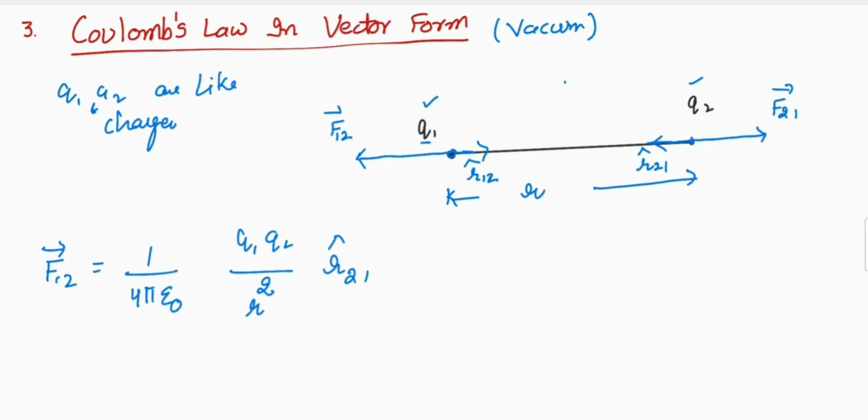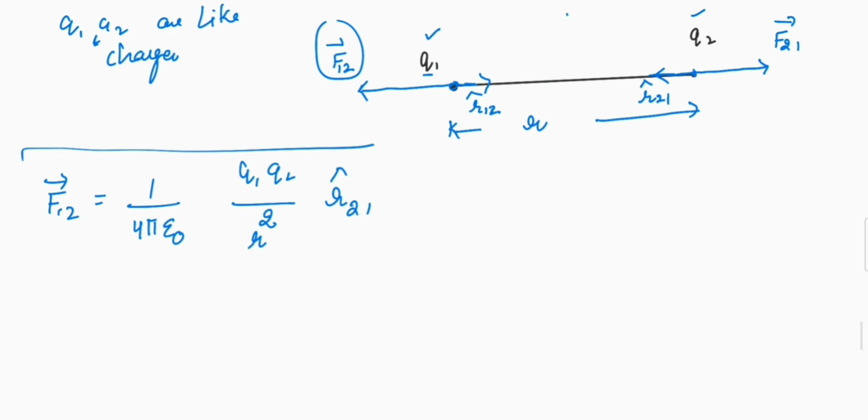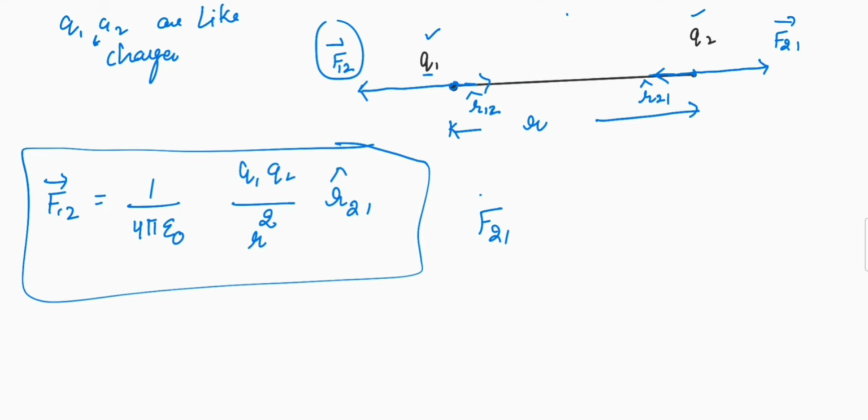as this unit vector and this force have the same direction. So this is the vector form of Coulomb's law. Similarly, we can write this F21 vector is equal to 1 upon 4 pi epsilon naught Q1 Q2 over R square, the distance between two charges, and here the unit vector will be R12 unit vector.